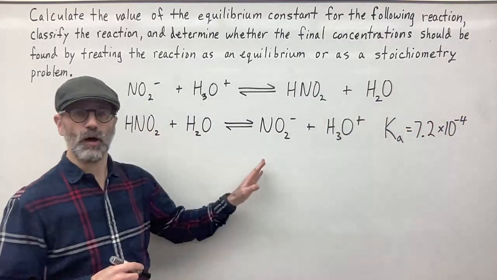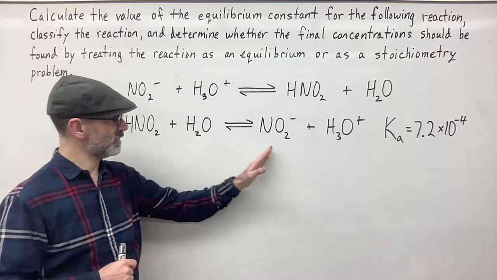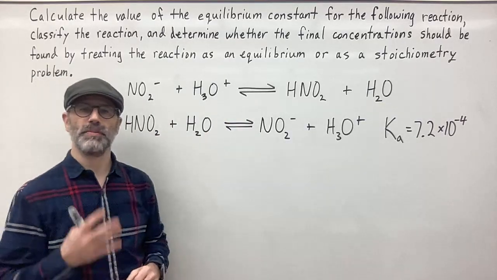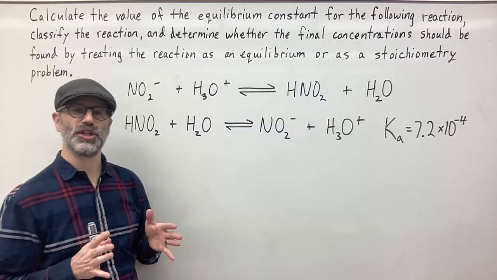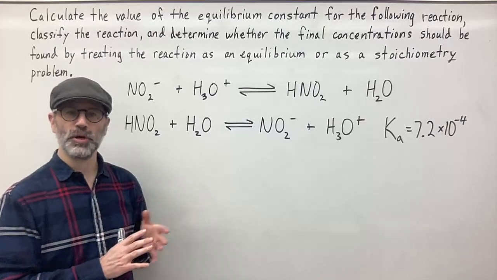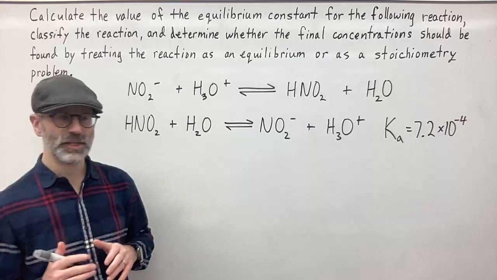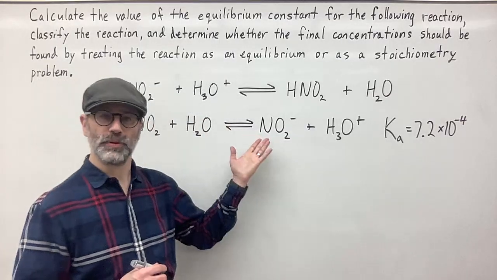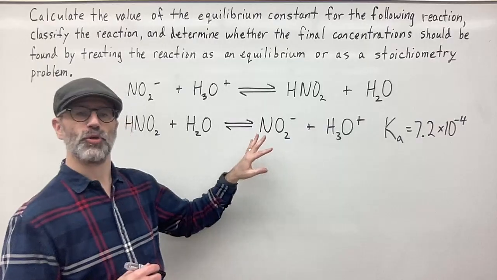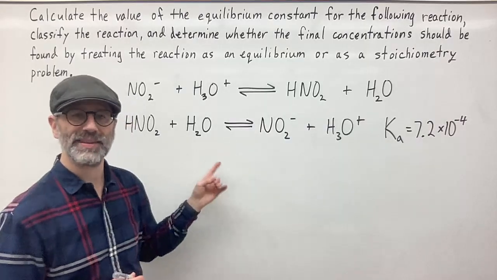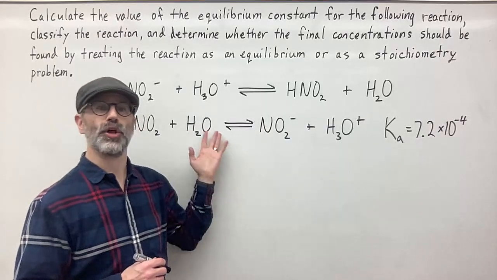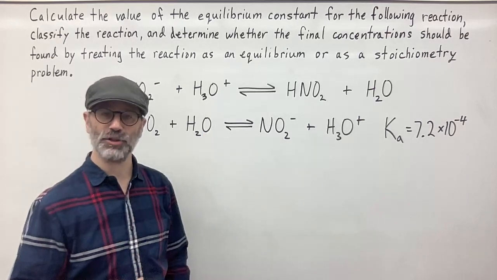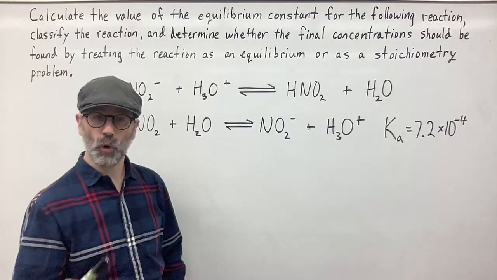And this is helpful because, as I said, this is the reverse of this reaction. And if you remember the relationships of your equilibrium constants with the reactions, we know that if you flip or reverse a reaction, then the K value for the new reaction is the reciprocal of the K value of the old reaction.